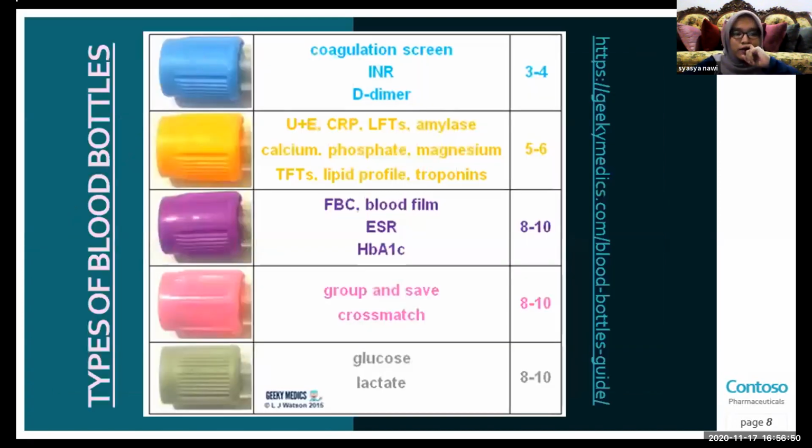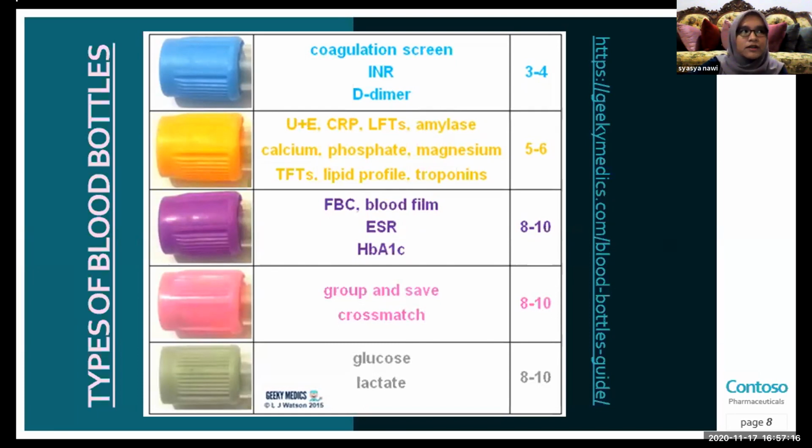And lastly, for today, I'm going to show you about the types of blood bottles that are used for venipuncture. Basically, different colors of the caps of the blood bottles are for different indications. For example, the blue one is for any coagulation screen, INR for patients on warfarin.